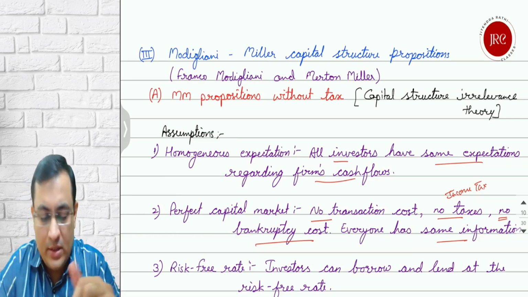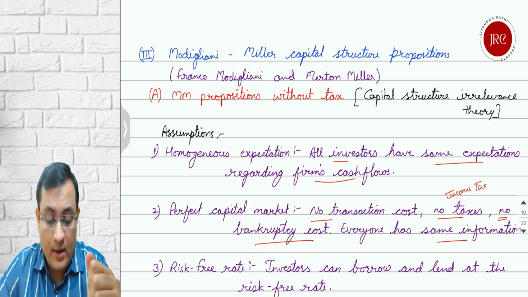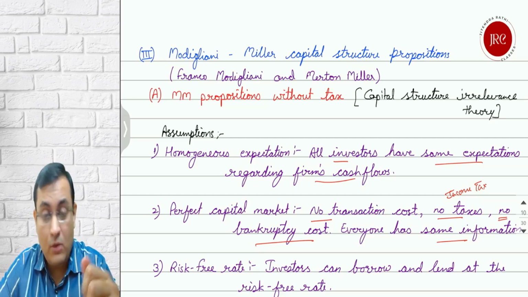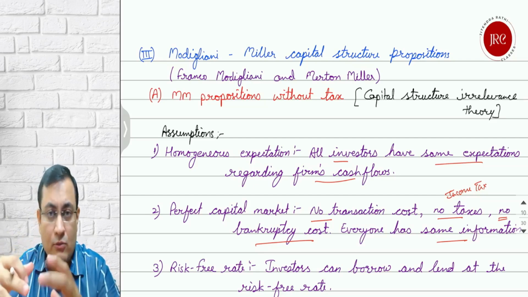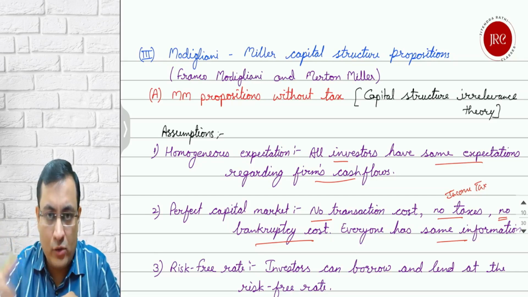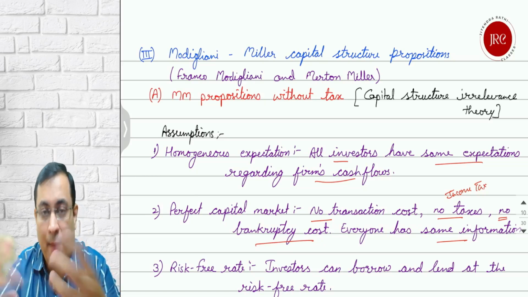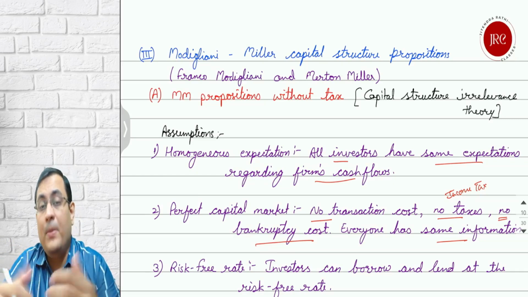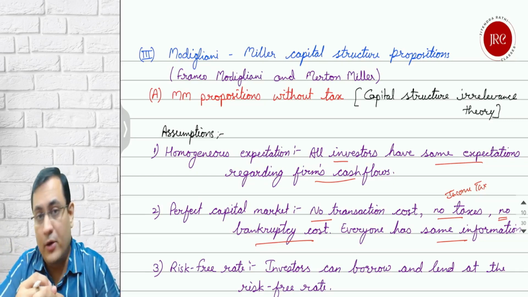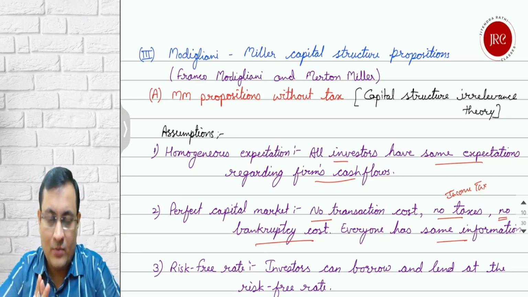So let's start with the brief recap of this approach. First, what are we trying to find out in this study mat? What is the objective of studying capital structure from the firm's point of view? We want to find out the best capital structure for the company.